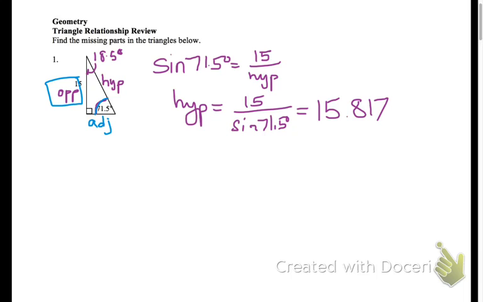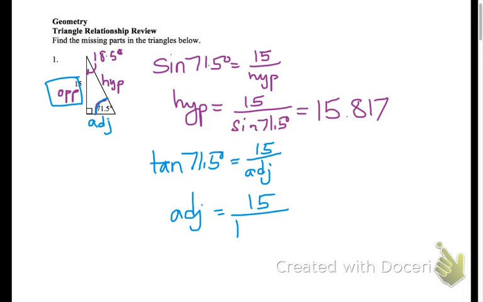We want the adjacent, so the trig function using opposite and adjacent is our tangent. So let's use the tangent of 71.5 degrees is the opposite, 15 over our adjacent. Solving for the adjacent, we're going to have to divide 15 by the tangent of 71.5 degrees, and that answer is 5.019. And we have our side lengths and angle measurements.